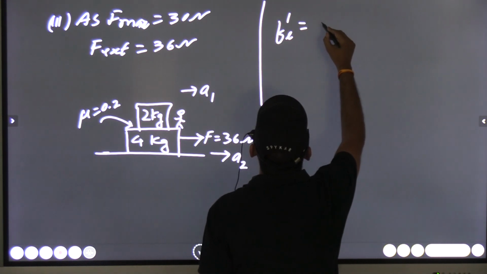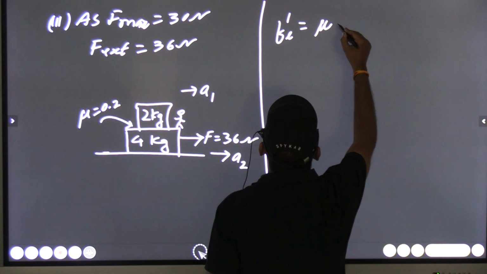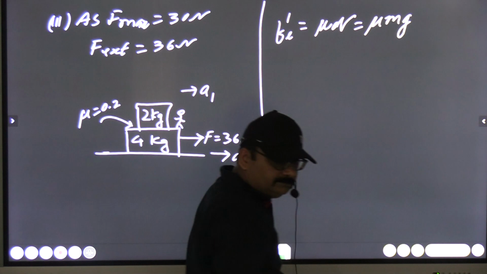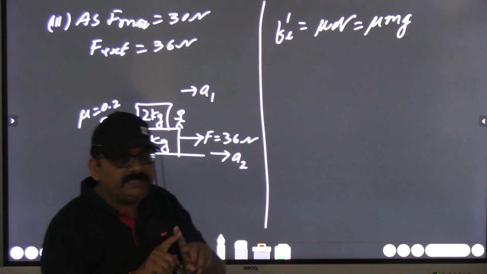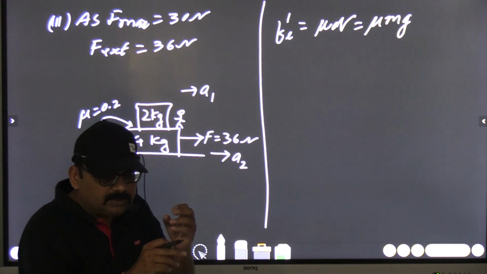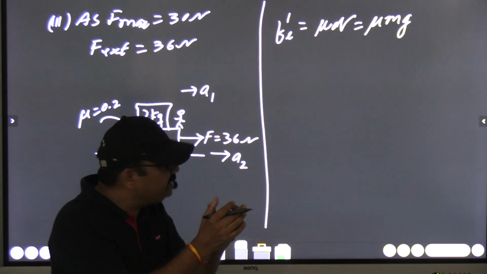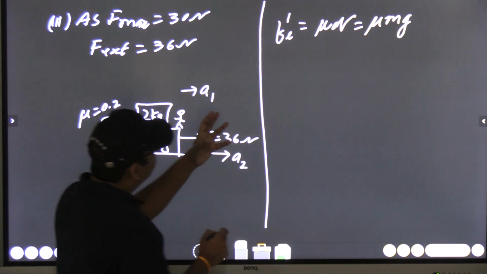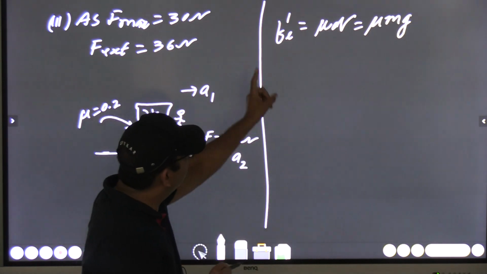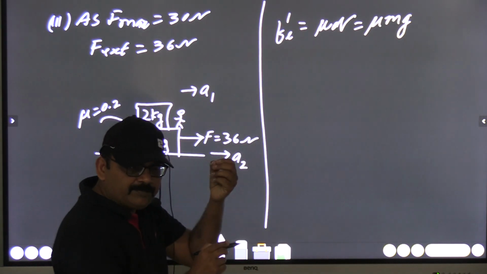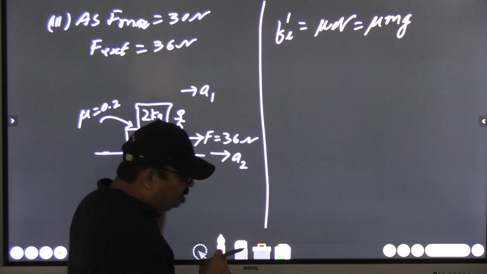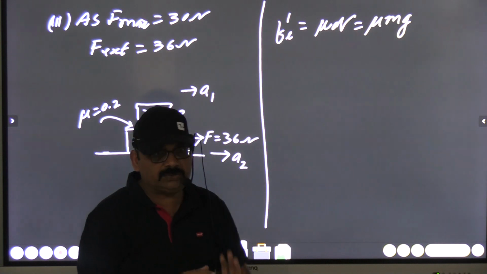FL is equal to mu times normal reaction, mu times mg, as per the formula, because this is limiting friction. We have to find it because it is on the verge of sliding. And you don't write FL, you just write F. This is the value, because if the body is sliding, and if you want to check whether the upper block will slide or not, even you can check this also, right?